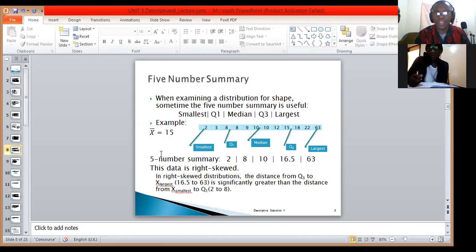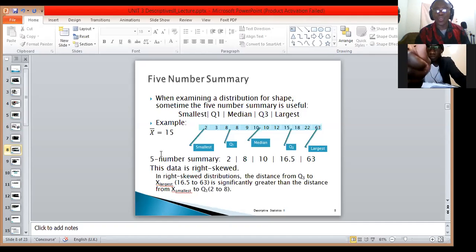If you put a bracket here and a bracket here, we are going to count the observations. If you count 1, 2, 3, 4, 5, 6 in the first part, we have even numbers, so we don't have a single median.